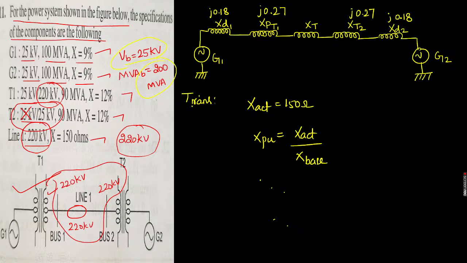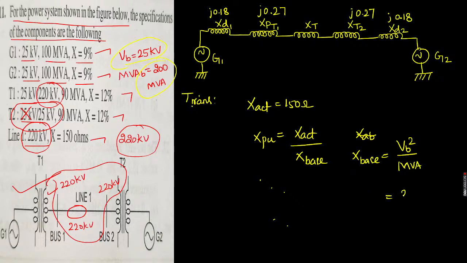How will you calculate the base value? X base, sorry, X base or Z base, whatever. Base equals base voltage squared divided by MVA base. Correct sir, it was clearly given in your question itself.